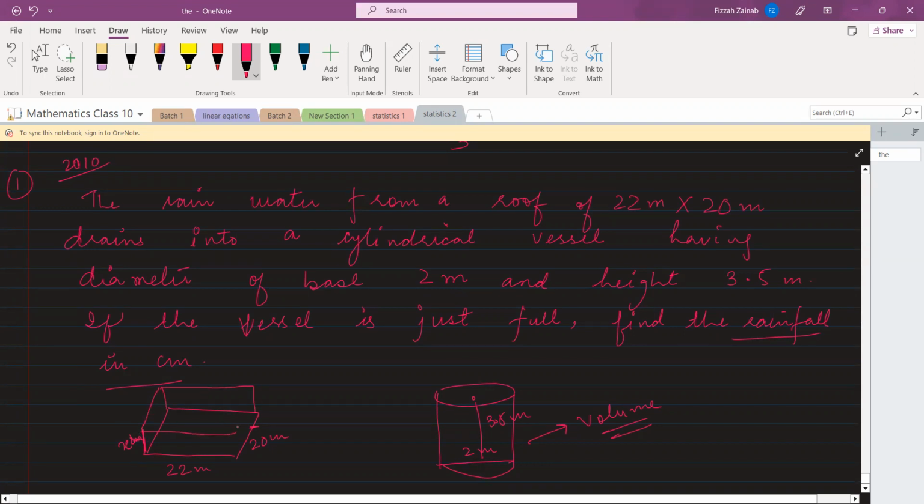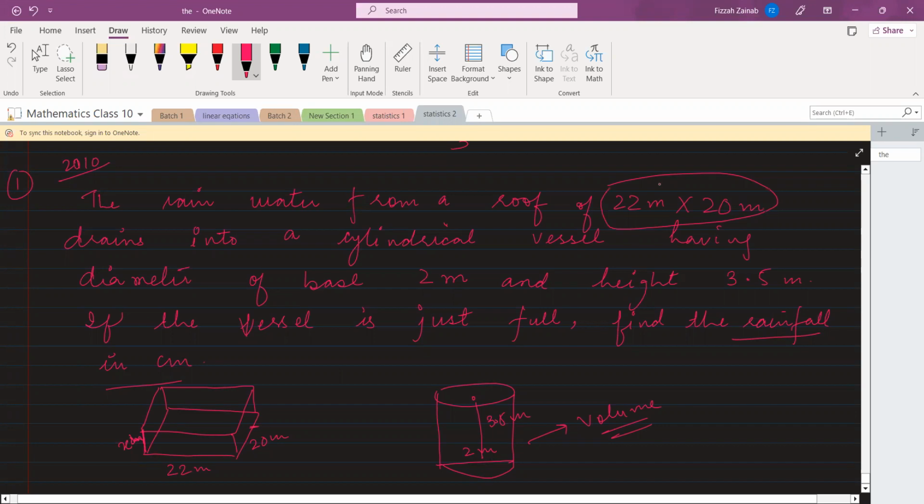So basically, you will find the volume of this cuboid, whose length is 22, breadth is 20, and the height is x. How do you know it's a cuboid? Because length into breadth is a rectangle, and if you also add height to it, the rectangle converts into a cuboid.